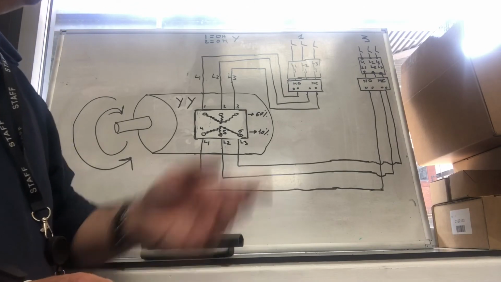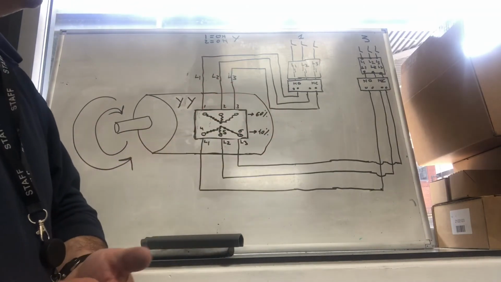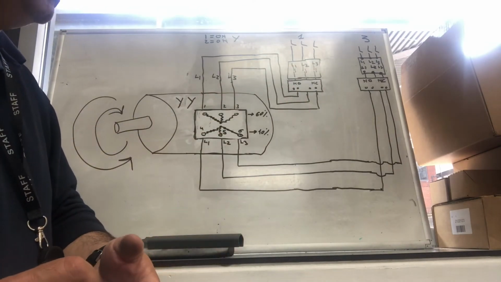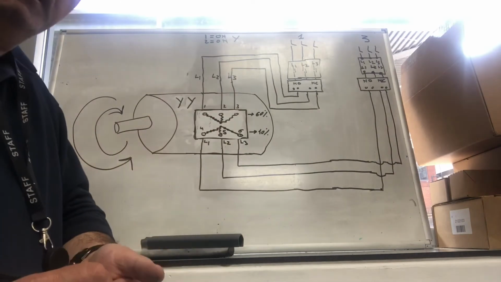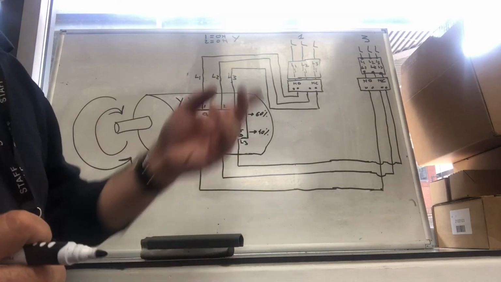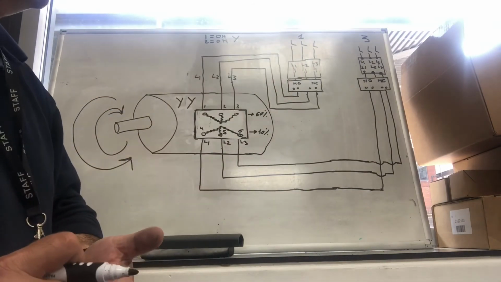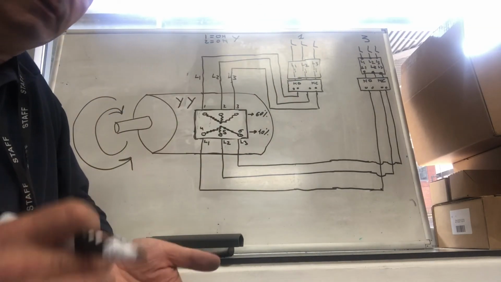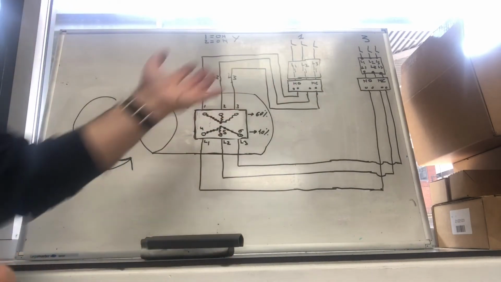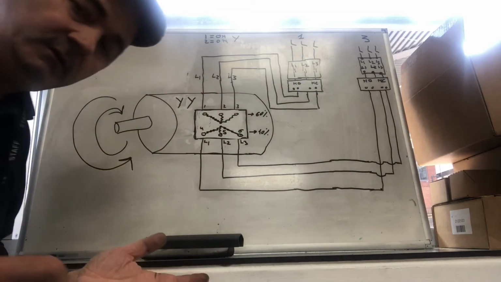Then you can run both of them through a common overload, but I suggest that you have two overloads, and each of them will be connected to the PLC, which is programmable logic control, and also to the contactor, which will be interlocked. So if one crashes, the other one crashes, but the overload will send the signal to the PLC, so it tells you which winding created a problem.